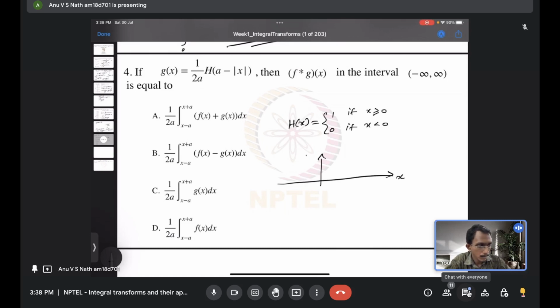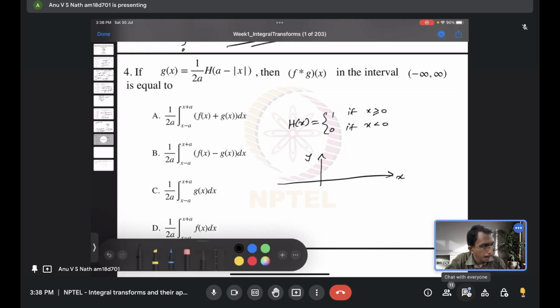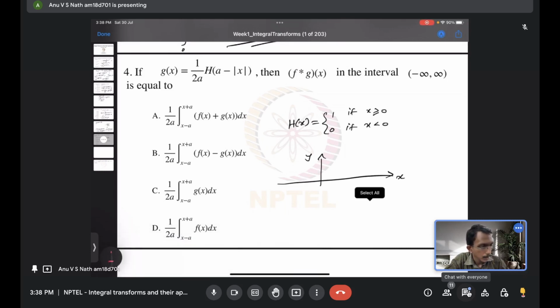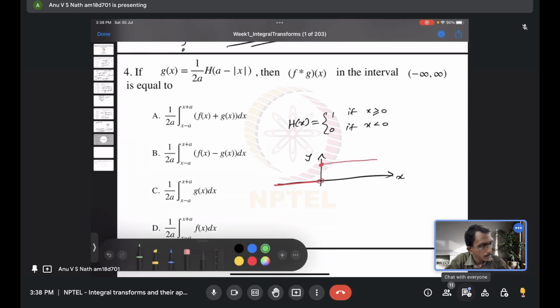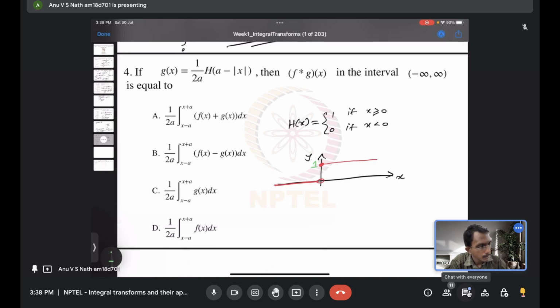If you see the x and y axis, when x is less than 0, we have 0, and when x is greater than or equal to 0, its value is 1. Okay, so this is the Heaviside function.